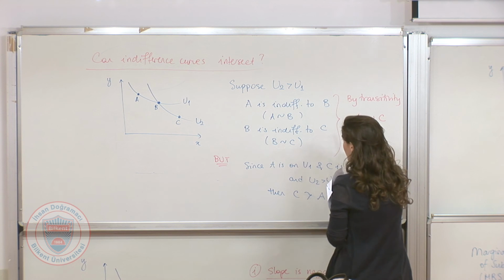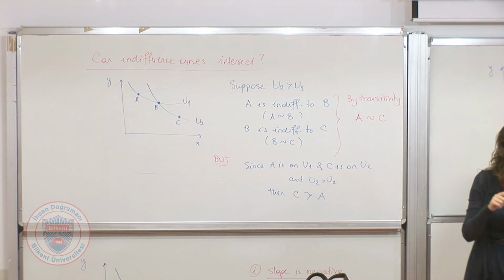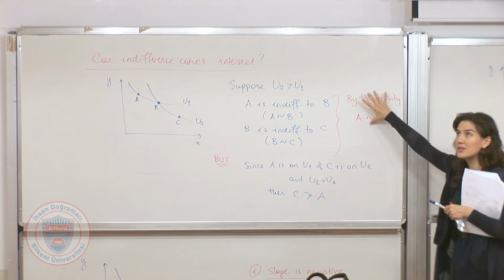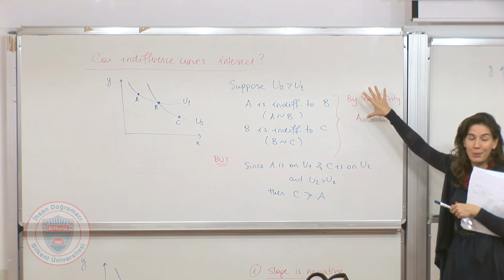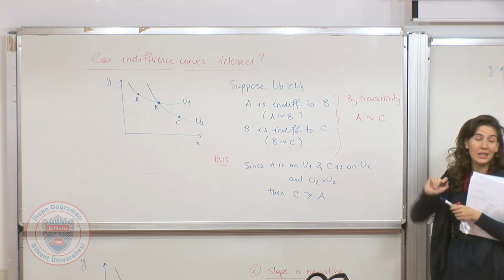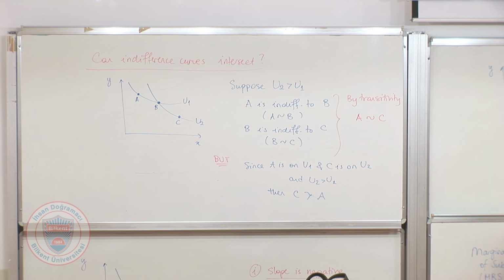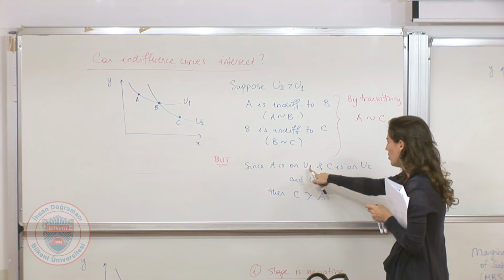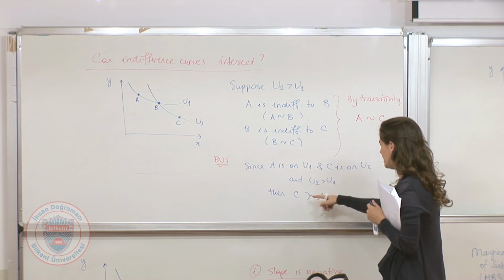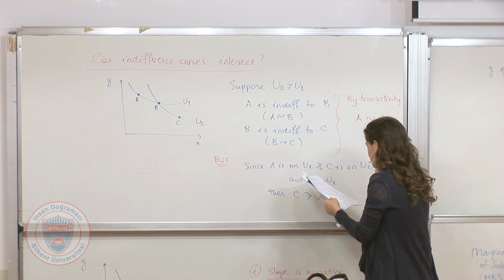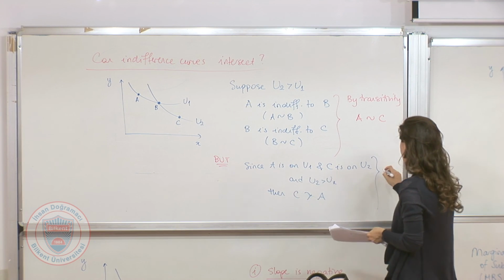So if you have transitivity, do you think indifference curves can intersect? No, right? Transitivity guarantees that they don't intersect, okay? So here we have a contradiction.